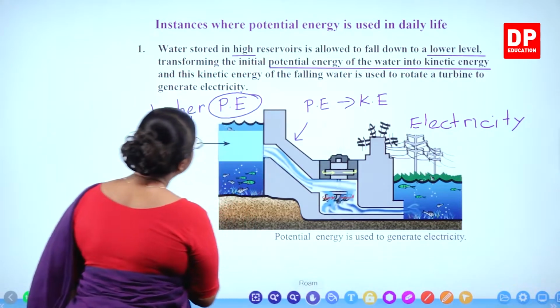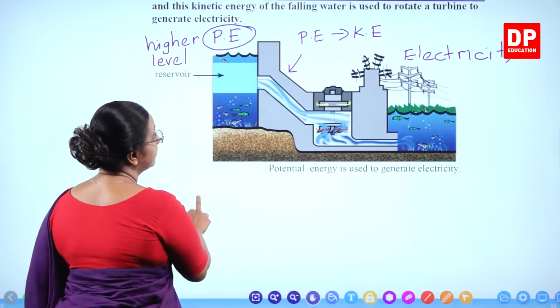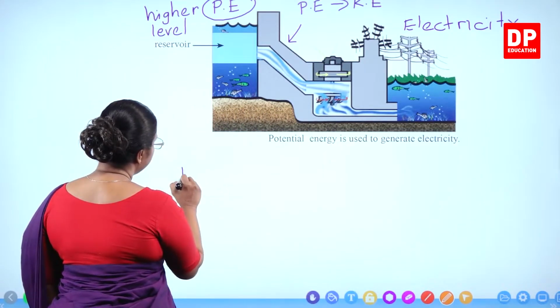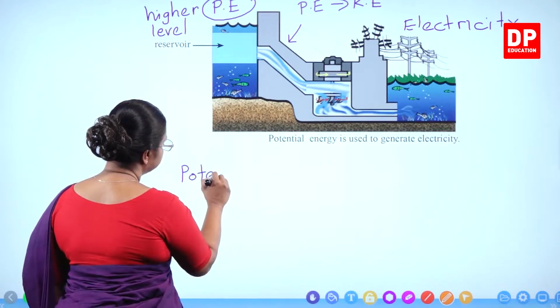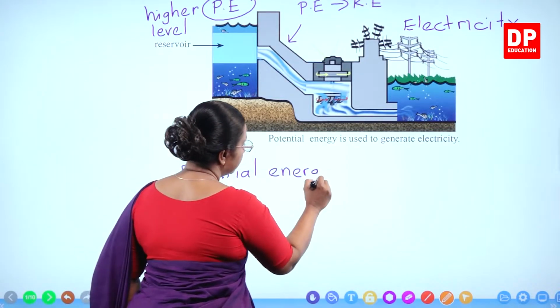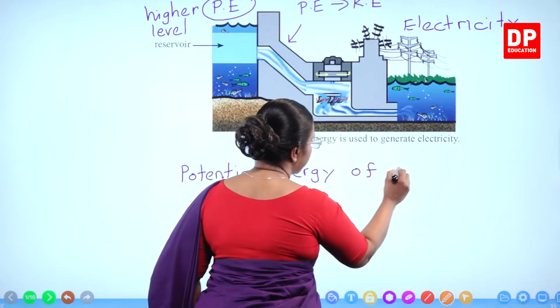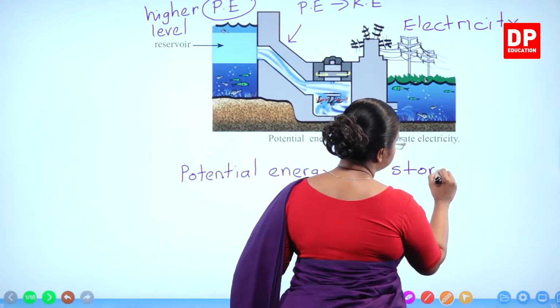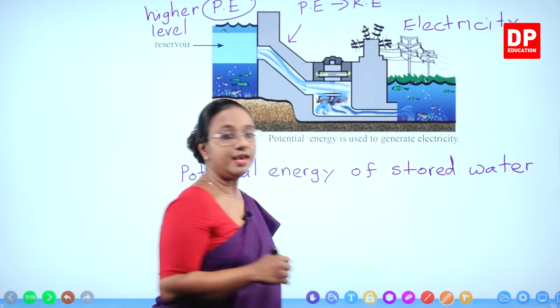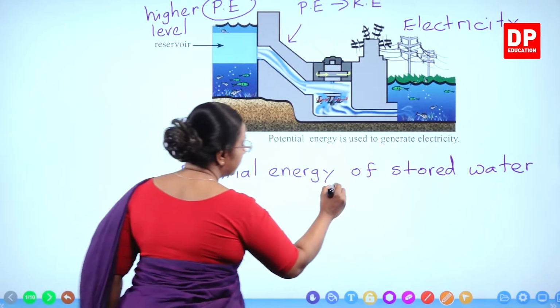So if we write down the energy conversion, we can say potential energy, energy of stored water, or we can even just say water, that is converted to what?